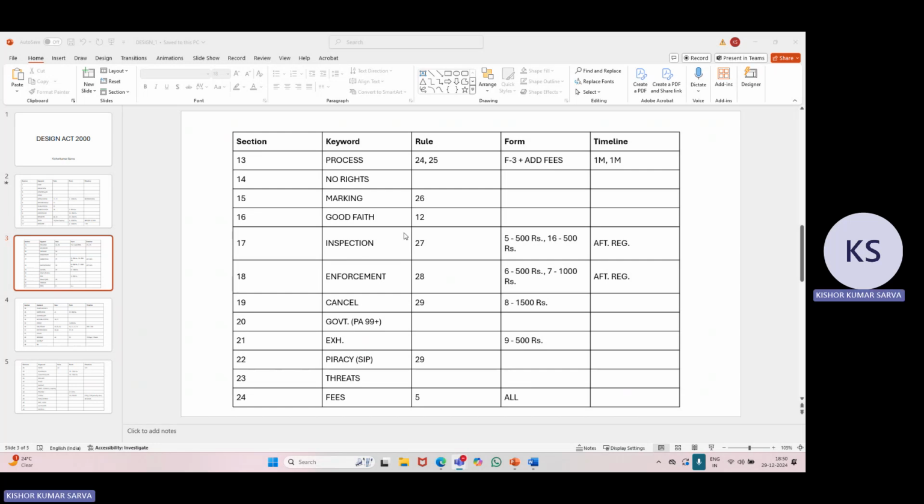If you want certified copies, you have to file form 16. If you want to access, then you have to file form 5. This is mentioned in rule number 27, and this happens post-grant registration only, right?